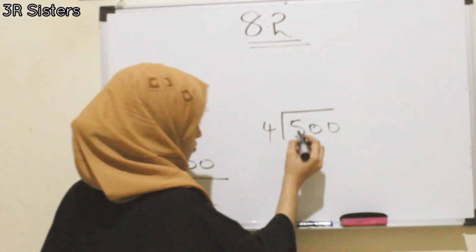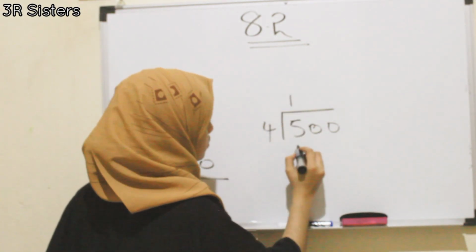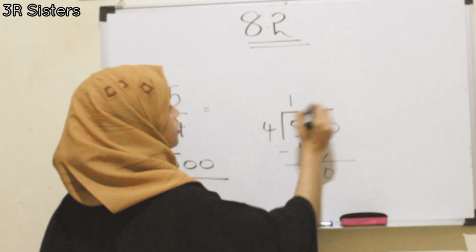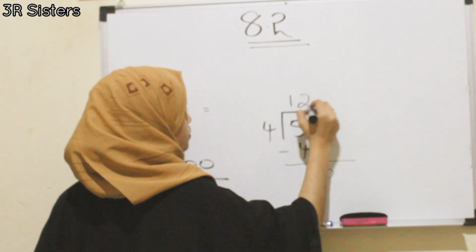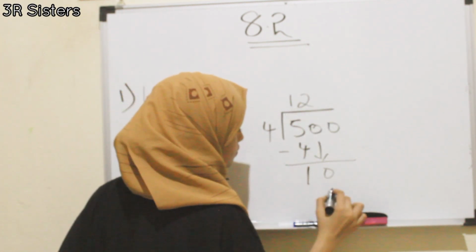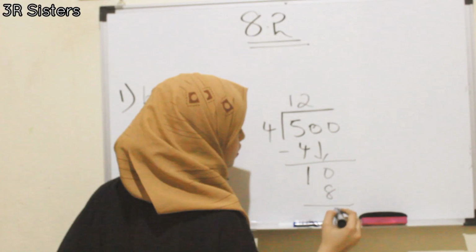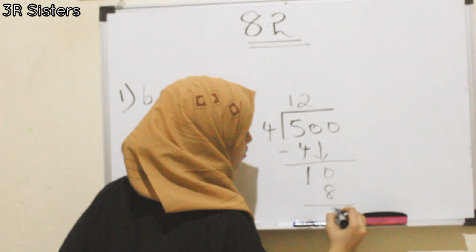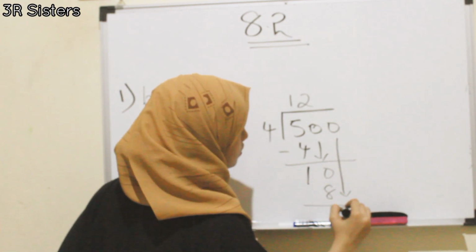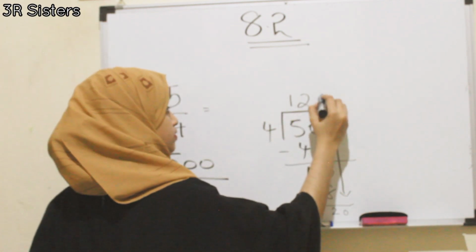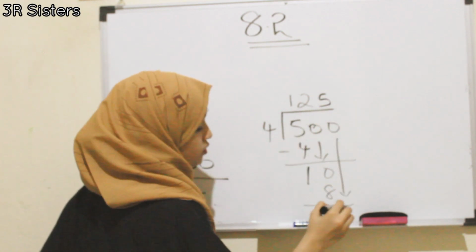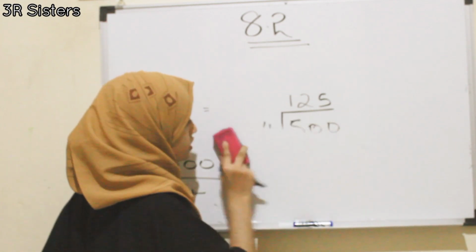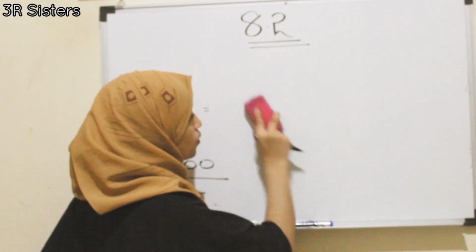So 5 4s are 20, and then we minus 20 by 20. 20 minus 20 is equal to 0. So we got the quotient as 125.